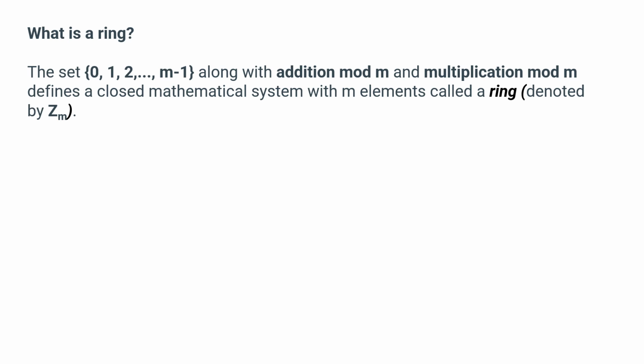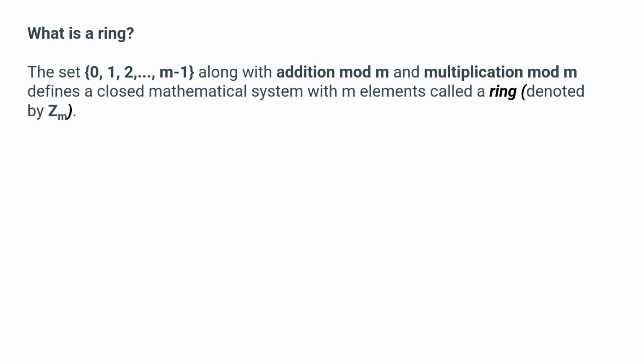This set of integers, 0 up to m minus 1, along with the operators addition mod m and multiplication mod m, defines a closed mathematical system, because if I take any of those numbers in the set and apply addition mod m or multiplication mod m, I end up with a number still inside that set.